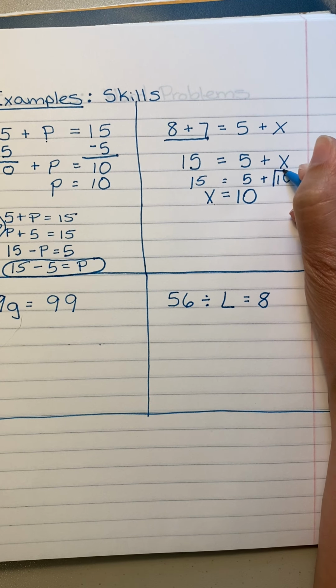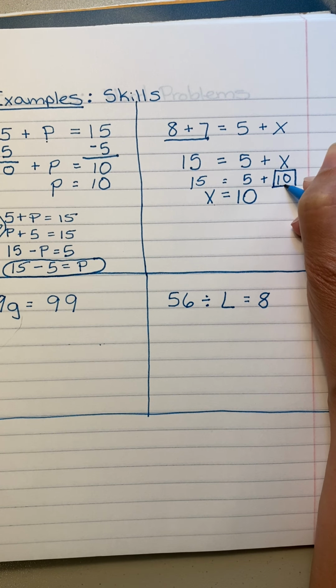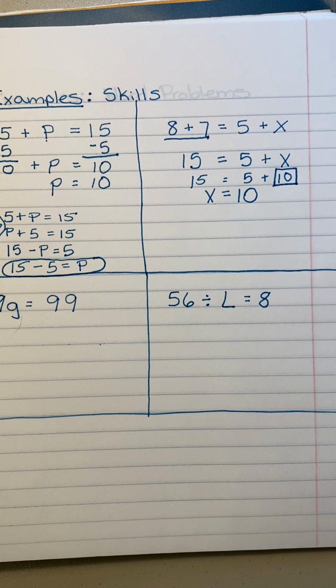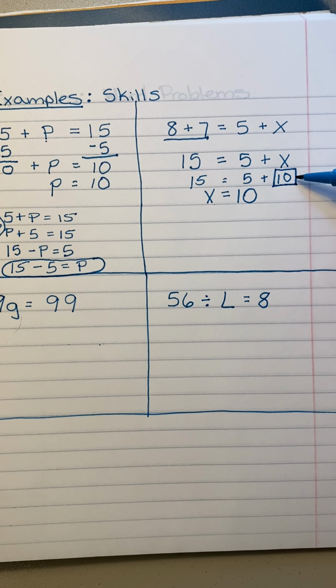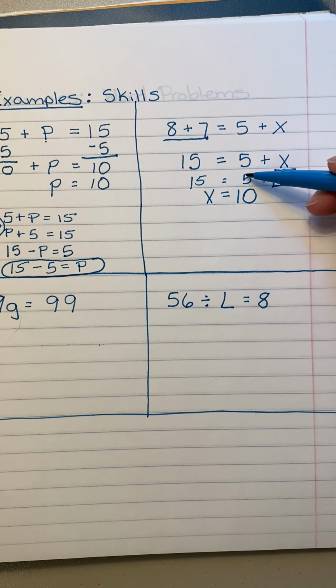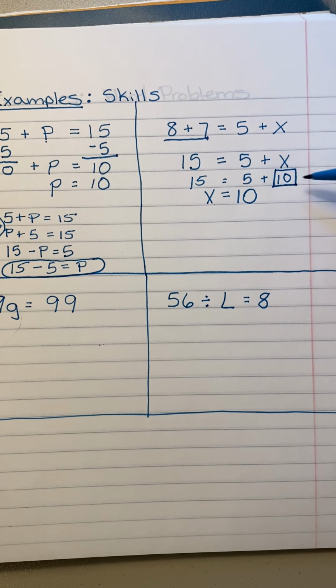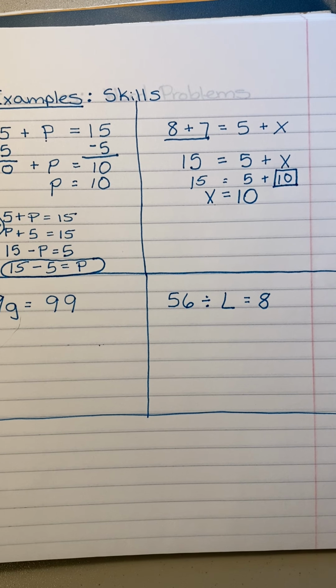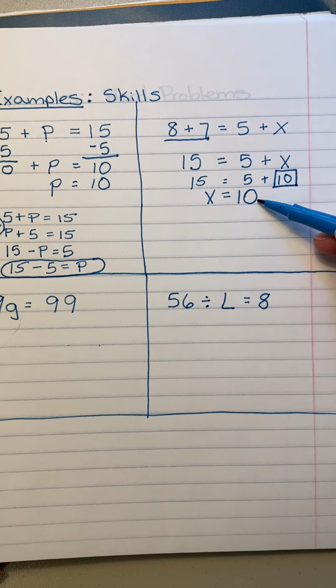This is how we have been trained to solve it in years past because we saw this as a box instead of a letter. And when we saw the box plus 5 equals 15, we knew it had to be the 10, using our knowledge of basic facts to isolate the variable and solve for its value.